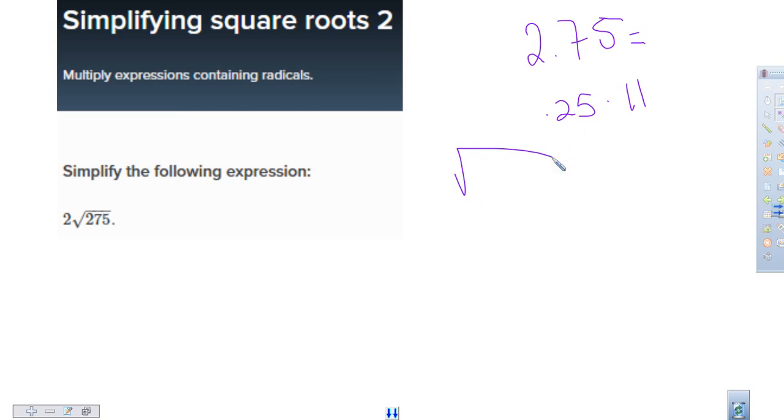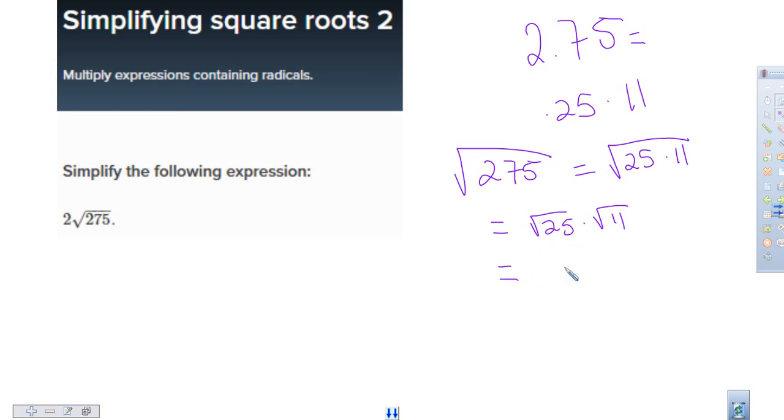So if I said the square root of 275, I could rewrite that as the square root of 25 times 11. And that can be rewritten as the square root of 25 times the square root of 11. And I can take my perfect square, so take the square root of 25. What is the square root of 25?